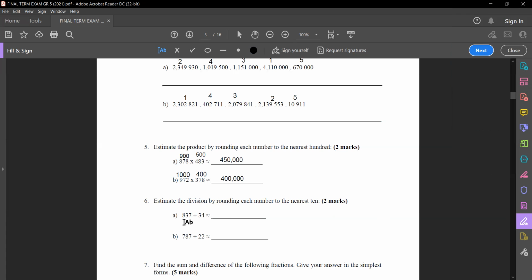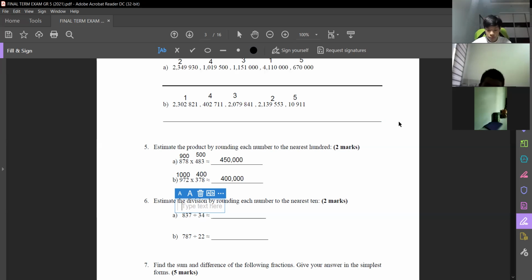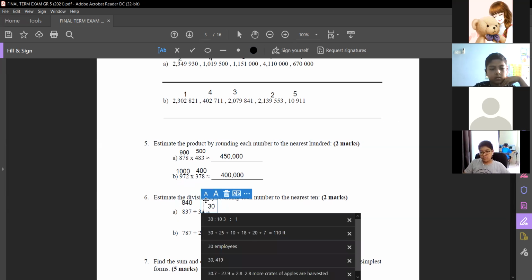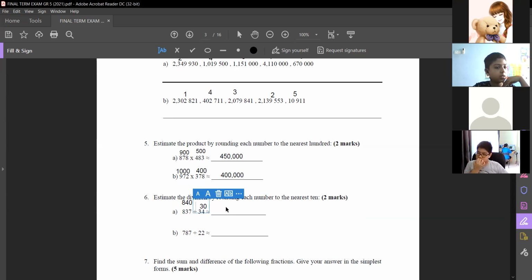How to round off to the nearest 10? Let's say 837. If you're rounding off to the nearest 10, what is your answer? 840, correct? 34. If you're rounding off to the nearest 10, what is the answer? 30.